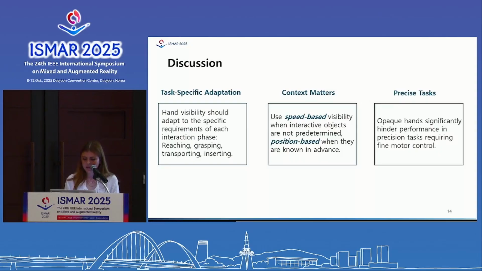Finally, the static visualizations such as opaque hands, which are still widely used in many virtual reality applications, can significantly reduce the performance. Our findings suggest that designers should also consider adaptive hand visibilities, but our results are only applicable for precise tasks that require fine motor skills. We did not investigate gross movements.